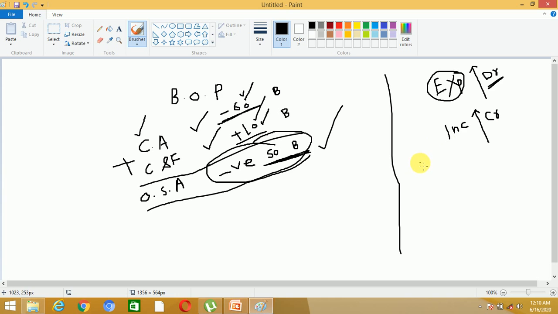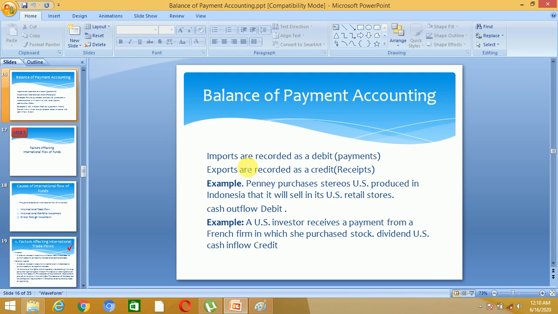Now see, exports. When you are exporting goods, money is coming to Afghanistan. So it is an income, and an increase in income is credit. So see here, imports are recorded as debit because it is an expense.